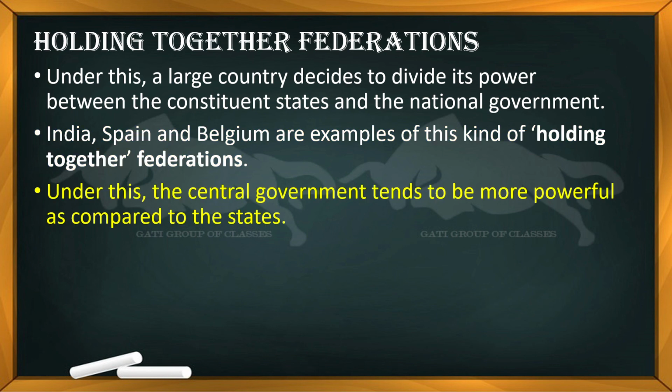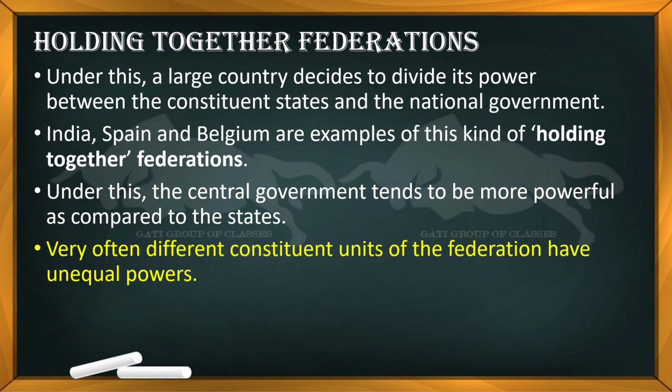Under this, the central government is more powerful compared to the states. If there are problems or conflicts between the center and the state, then obviously the center will prevail. So guys, very often different constituents of a federation have unequal powers.